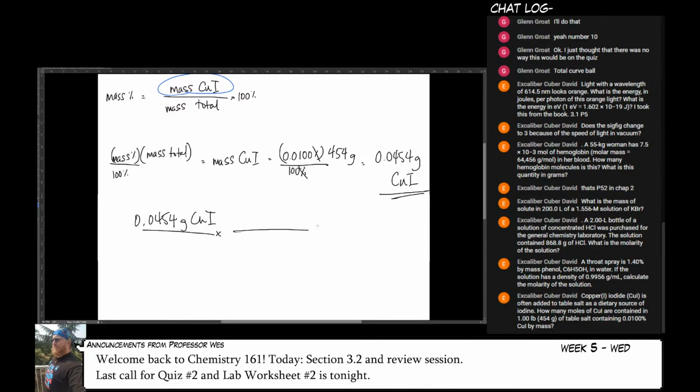And then, now that I have this, it's asking how many moles are there. So we'll do grams copper iodide, moles copper iodide, and you probably can do this part on your own, but we'll finish it. So copper iodide, 190.45.